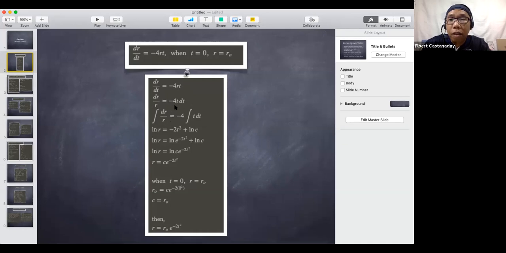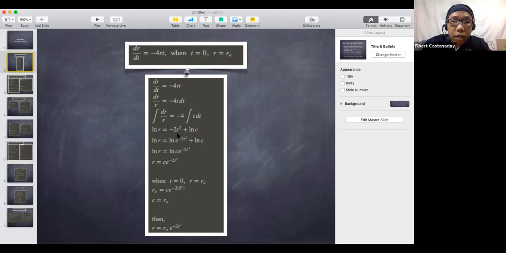Once you have separated the variables, now you integrate. That's the next step. The integral of the left-hand side is ln of r, and on the right-hand side, the rule is that if you have a constant, you may put it before the integral symbol. So you copy -4, and then you integrate t dt, and the integral of t dt is t squared over 2.